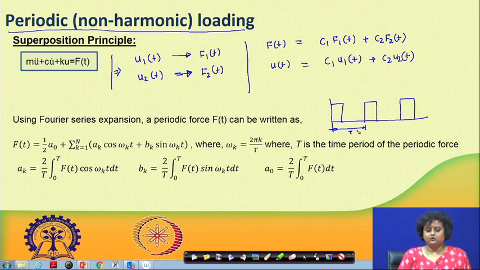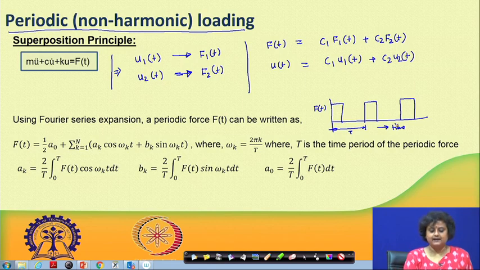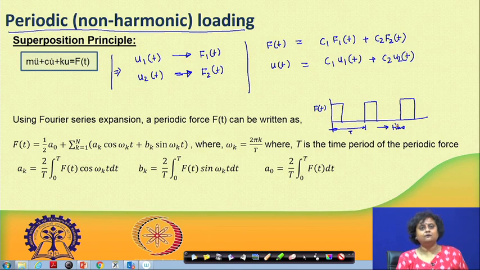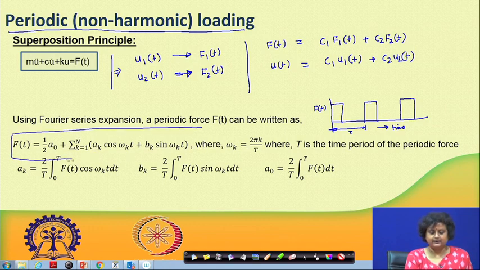What we are going to do is express this force F(t) in terms of a Fourier series expansion. All of us know about Fourier series expansion from our engineering mathematics. So, we have to express the force F(t) in terms of a Fourier series, and this is the well known expression for the Fourier series expansion.